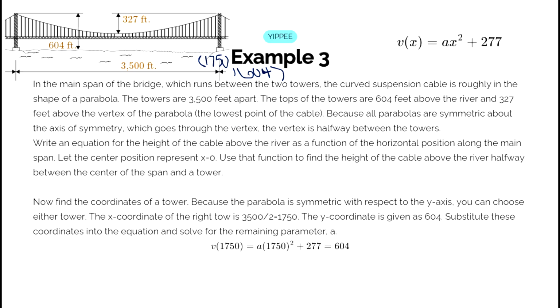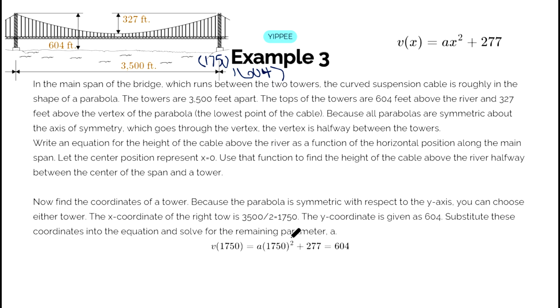Substitute these coordinates into the equation to solve for the remaining parameter. So if the x value is 1,750, v of 1,750 is equal to a times 1,750 squared, because this is our original problem, plus 277 is equal to 604, because that's the y value. Okay, so now we can go ahead and solve.